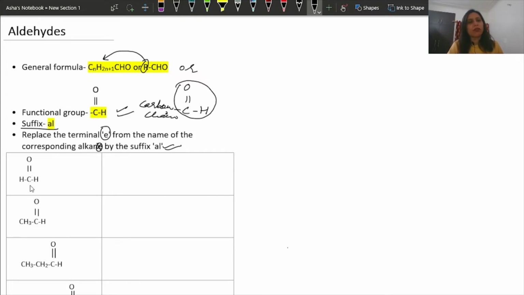Here we are having only one carbon, so obviously it will be meth-an, but we are not going to write E because we will be attaching the suffix AL. So it is having only one carbon, so you can simply write methanal, or you can also mention it as methanol.